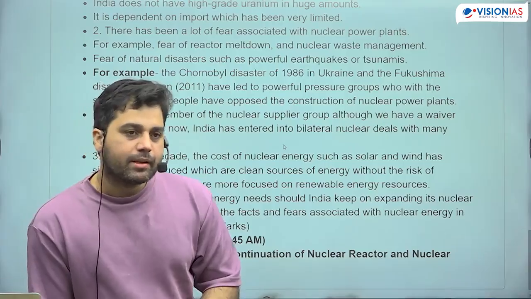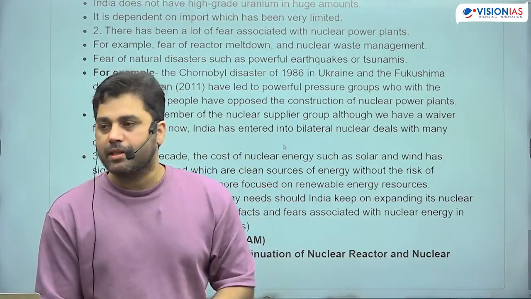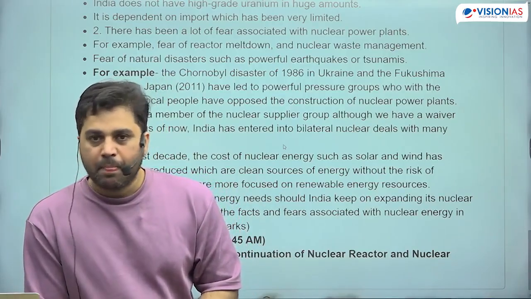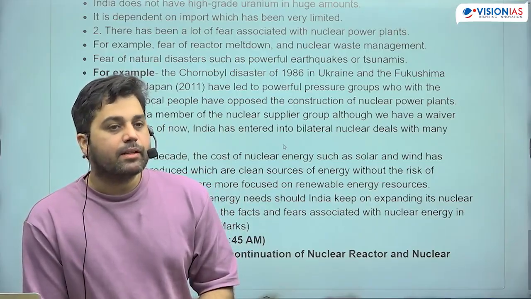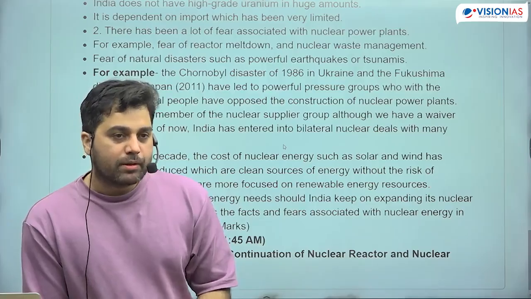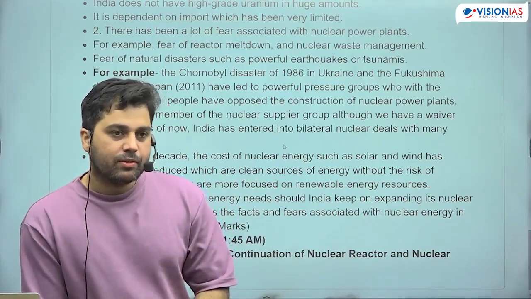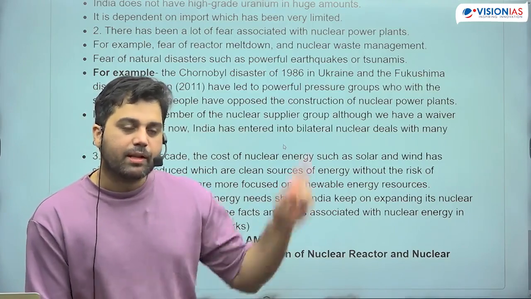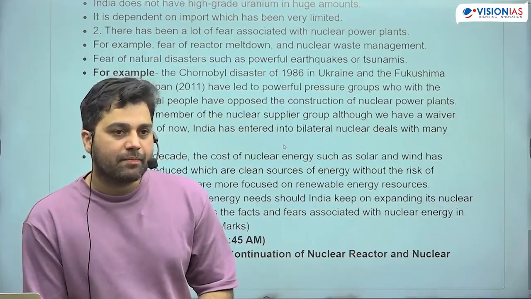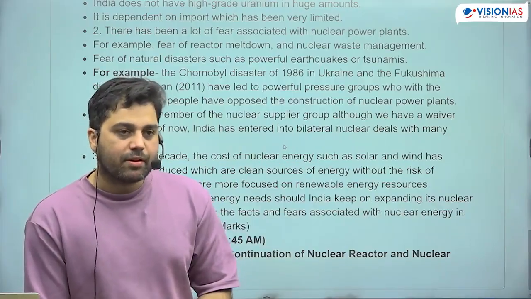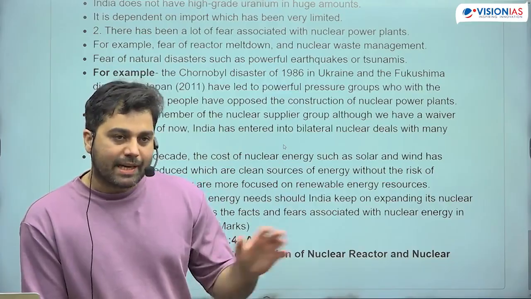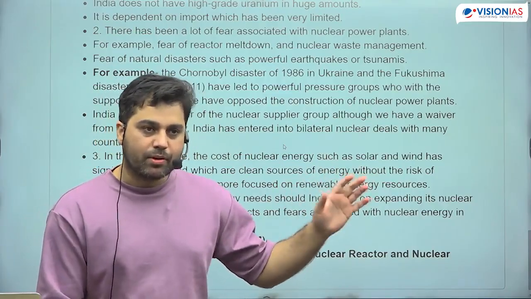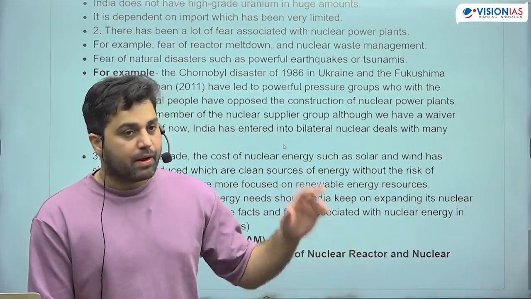The question is, why are we using thorium in the third stage? It will continue for hundreds of years because while we are producing energy, we will be simultaneously able to convert thorium into uranium, and the same uranium can be used in the third stage itself. The third stage will continue for hundreds of years because in the second stage we will not be able to exhaust all of the thorium. We have lots and lots of thorium.